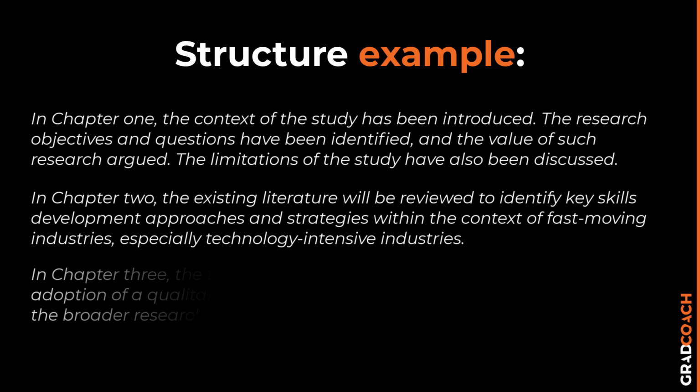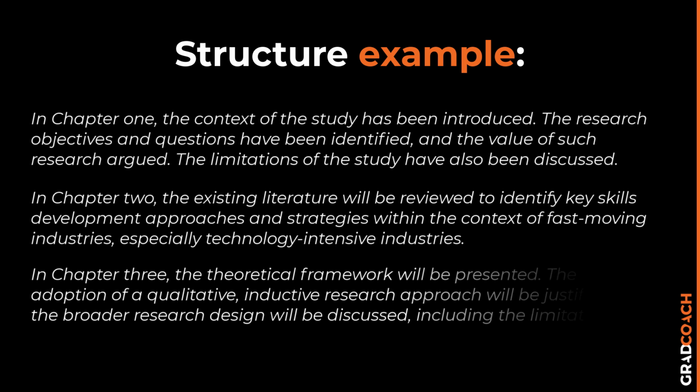In Chapter 3, the theoretical framework will be presented. The adoption of a qualitative, inductive research approach will be justified, and the broader research design will be discussed, including the limitations thereof.